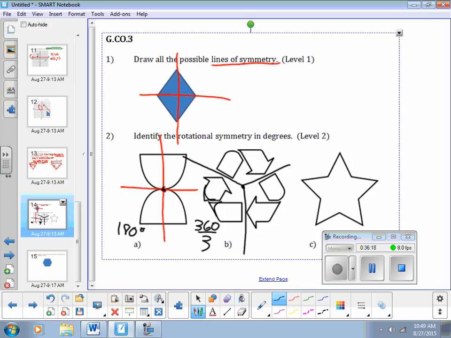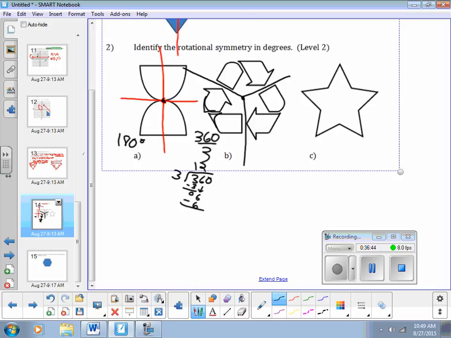This is how that division looks. 3 goes into 3 once, remainder of 0, bring down the 6, right? 3 goes into 6 twice, with a remainder of 0, bring down the 0. So what would be the angle of rotation then? 120 degrees.